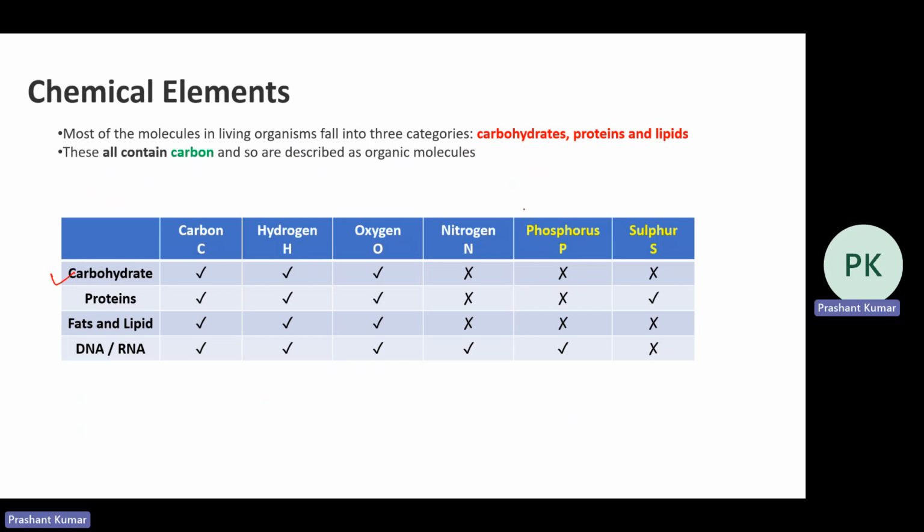So whatever is written in this is just extra information. It's not given in your syllabus. So a carbohydrate example is glucose, which we write as C6H12O6. So we are getting carbon here, hydrogen here, and oxygen here. Protein contains nitrogen.